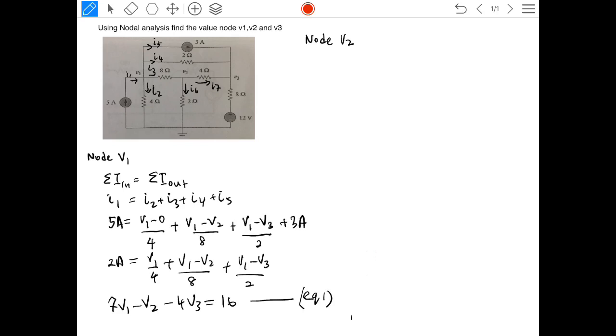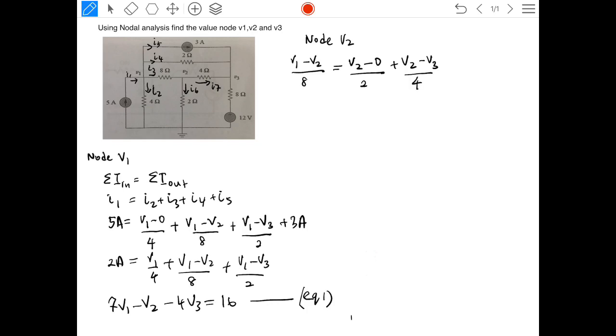So for I3, we have V1 minus V2 divided by 8 ohms. This goes into the node, and it will be equal to the currents that go out from the V2 node, which is I6, V2 to the ground, which is 0, divided by 2 ohms, and then V2 to V3, plus V2 minus V3 divided by 4 ohms.